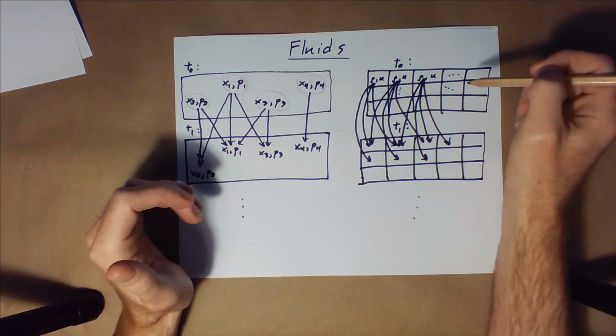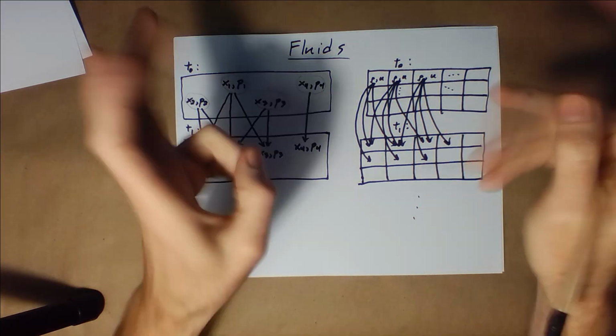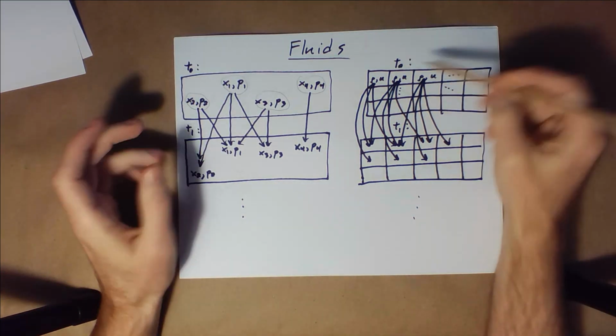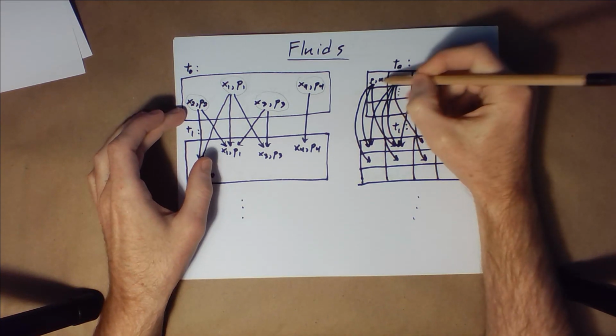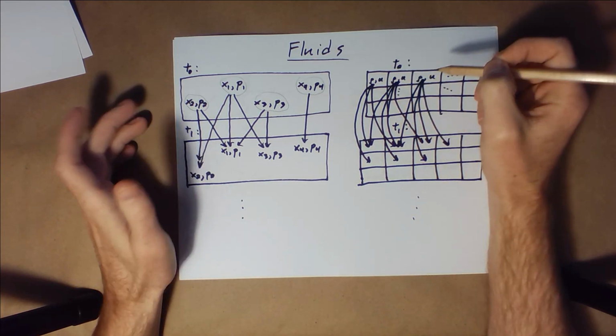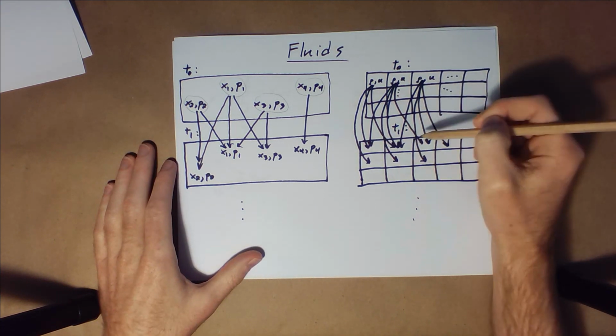We abstract that into a continuum model, in this case I'm just drawing boxes, where each cell has some momentum of particles and some average particle velocity. And then each cell interacts with its neighboring cells.